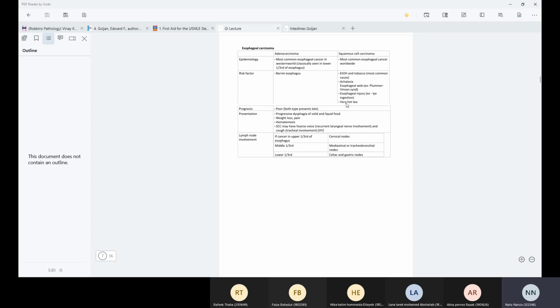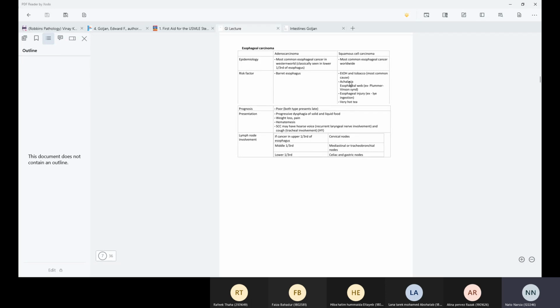Hot tea is important because, for example, you will find a clinical case where a Chinese patient has an esophageal mass, and it will be mentioned that he drinks a lot of hot tea. You should ask how hot the tea or whatever they drink is. Very hot. Chinese people literally drink boiling water. That definitely leads to damage of the epithelium. So one of the risk factors is hot tea.